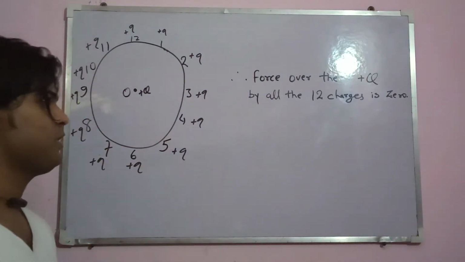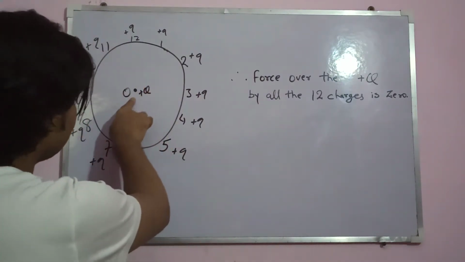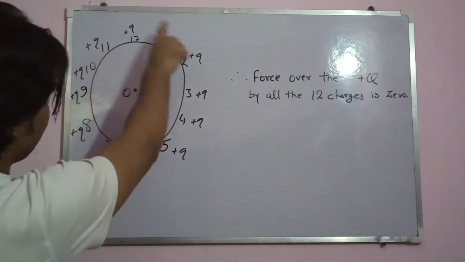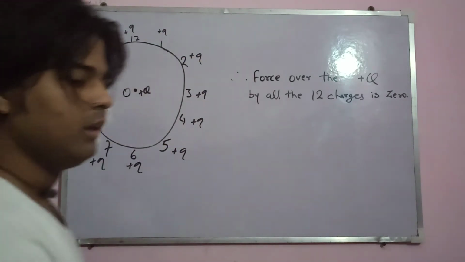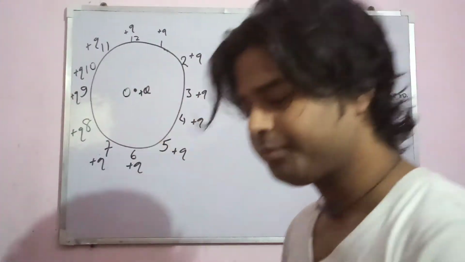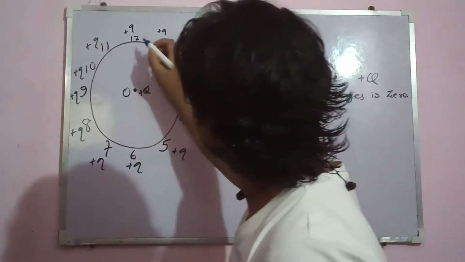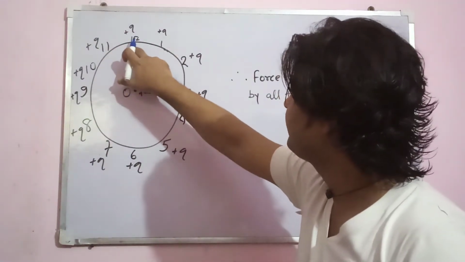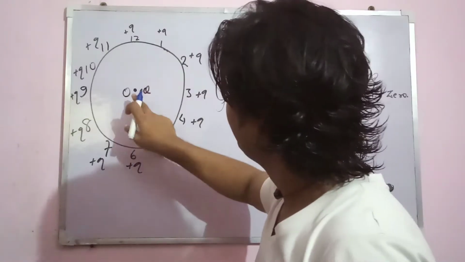Let's see what I'll have to do. I'll have to find the force over this plus Q, which is placed at the center of this watch, by all the charges. Let's begin our qualitative analysis here. Take the force by plus Q mounted at point 12 over this.